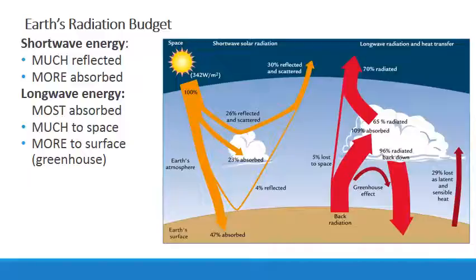Most of that energy is absorbed by the atmosphere, which also gets energy from latent and sensible heat. So that's plants and storms and things like that. And also, of course, from some shortwave radiation. Once in the atmosphere, some of the energy is radiated into space, but more of it is back radiated to the surface through the greenhouse effect.